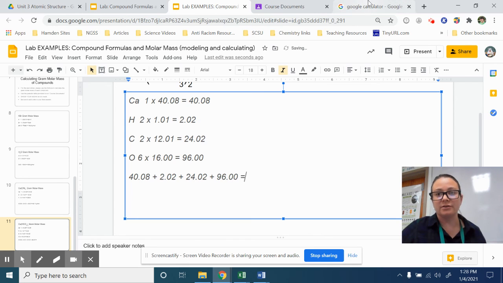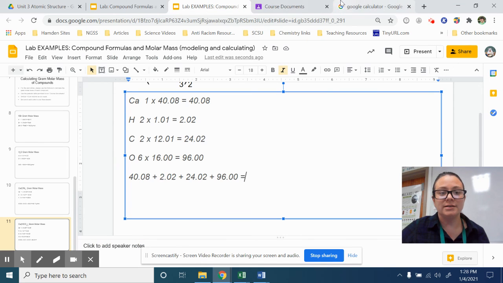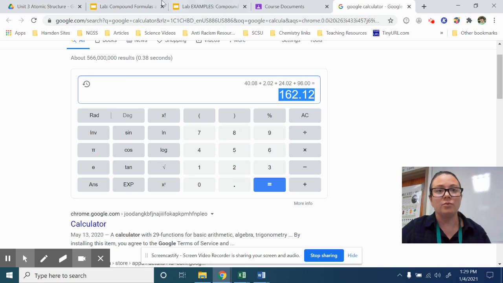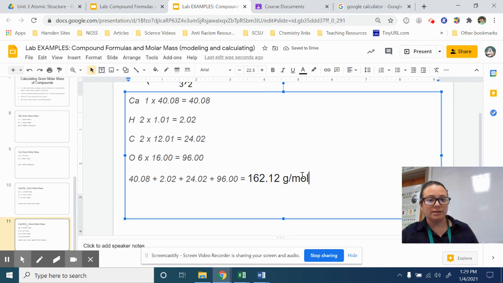All right, let's do them in the calculator. 40.08 plus 2.02, plus 24.02, plus 96.00, and I get 162.12, and these are grams per mole. Grams per mole are your units for all of these ones.